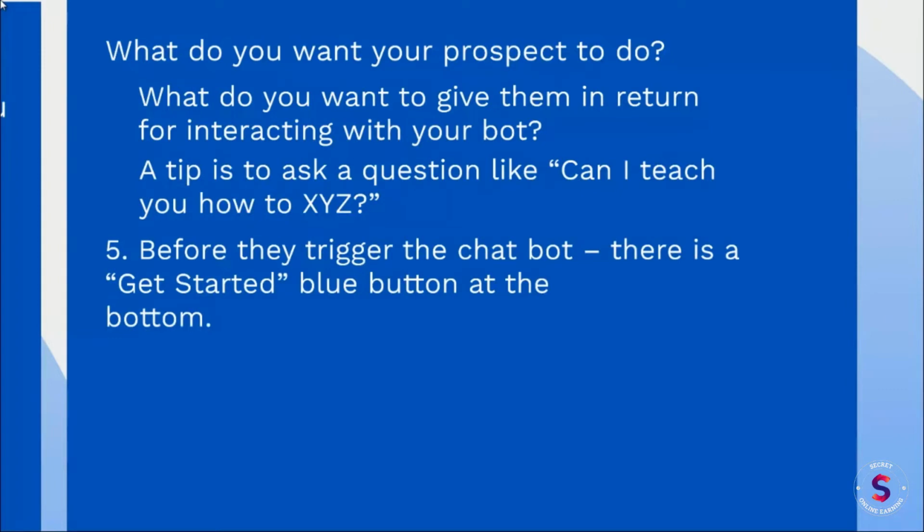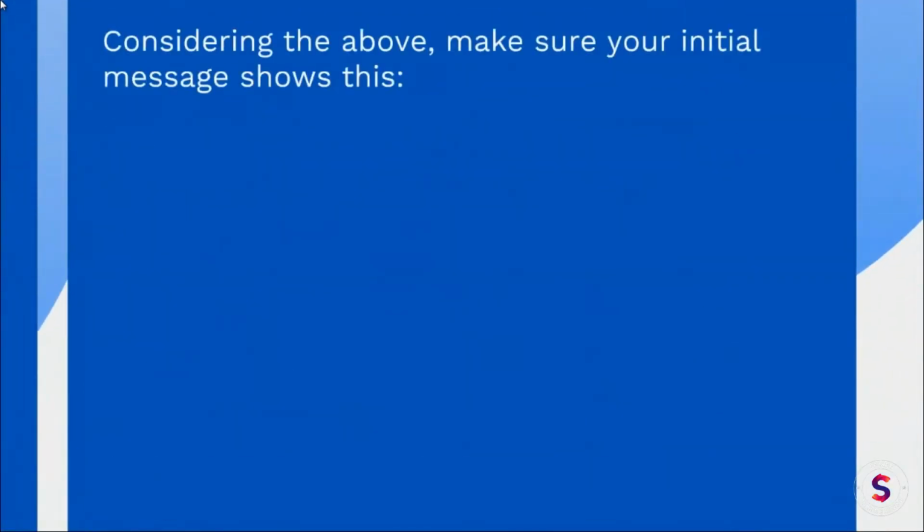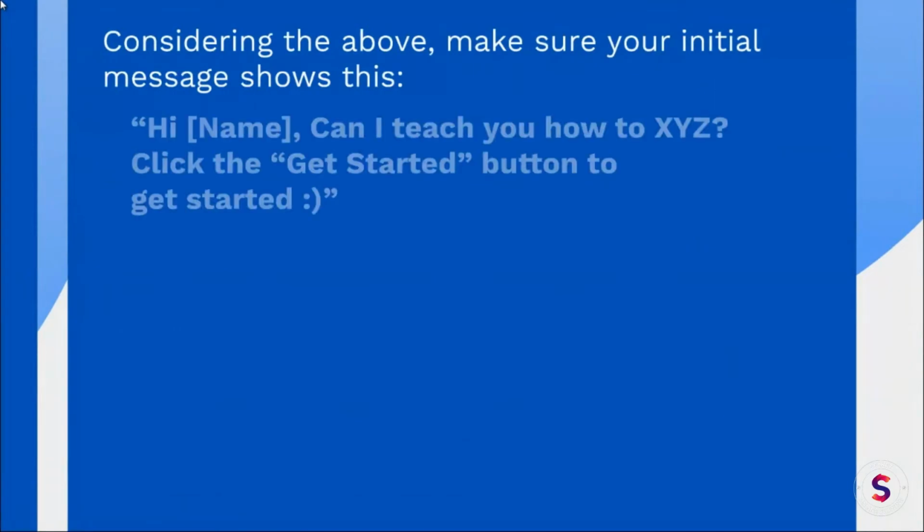Now, adding on top of that moves on to number 5. Before they trigger the chatbot or press that Get Started blue button at the very bottom, most people don't know that it's even there. So like I said earlier, you need to be concise. You need to give clear instructions on what to do. So here's what you do. Considering the above, make sure that your initial message shows this.